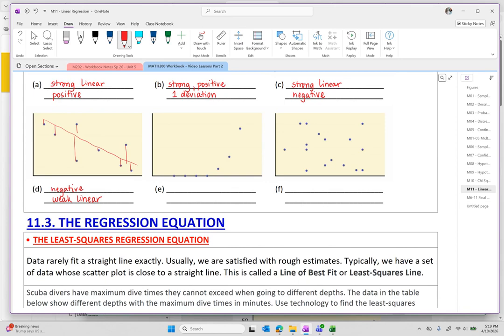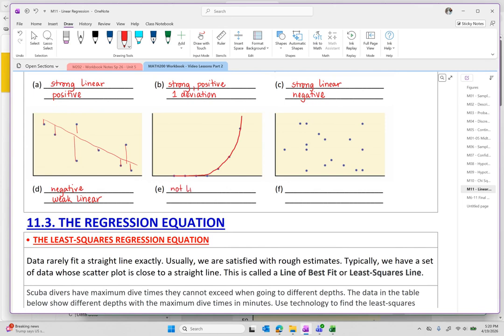E looks really good for a model that is not a straight line. So actually we could potentially have a curve that goes through these points. So it doesn't look like it is a linear correlation.